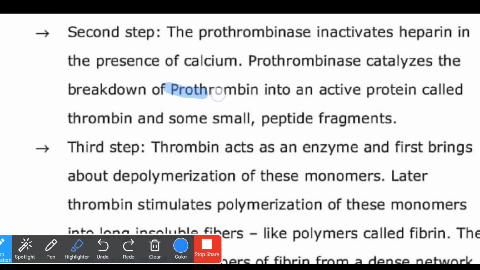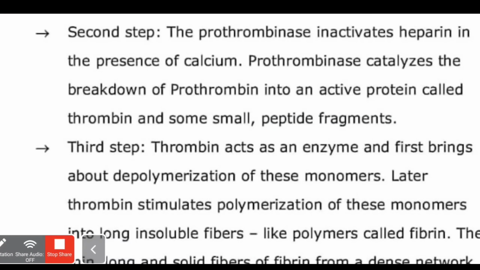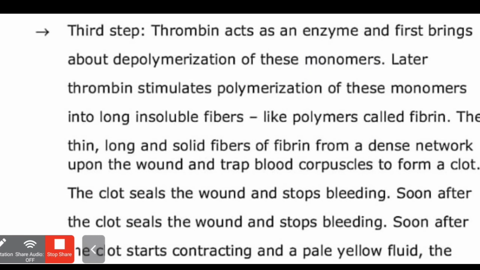So the prothrombin has been activated into thrombin with the help of the enzyme prothrombinase. And some small peptide fragments are also formed.